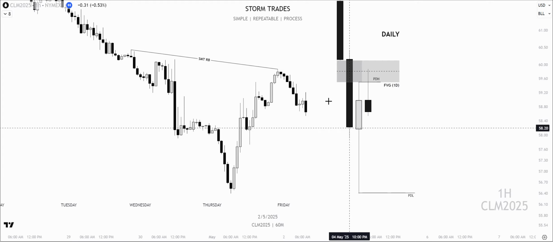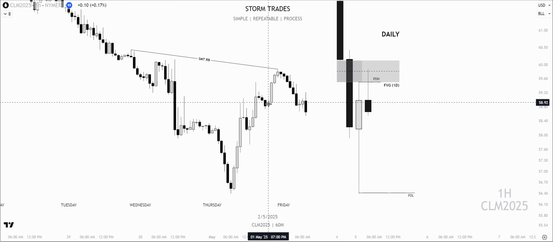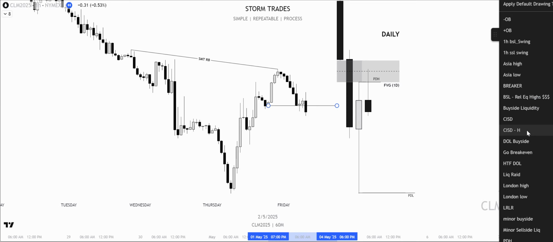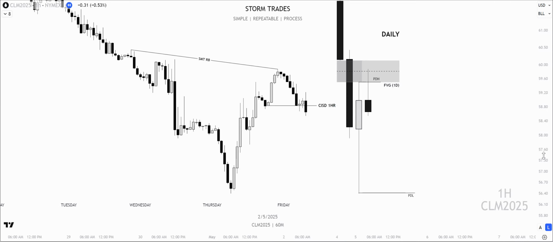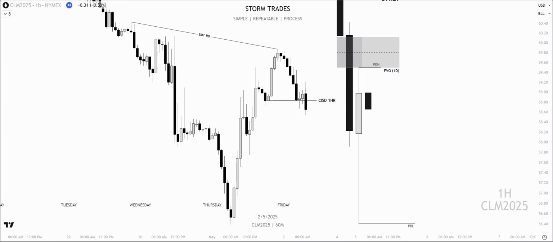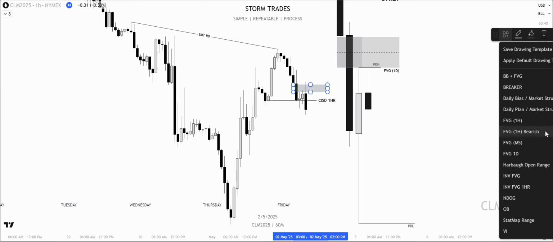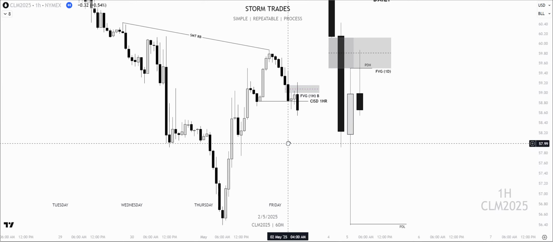All right, so a couple things that I'll mark up. I'm looking for changes in the state of delivery, which we get right here. And I'm also looking for imbalances or some internal range liquidity, which we've already traded into here.